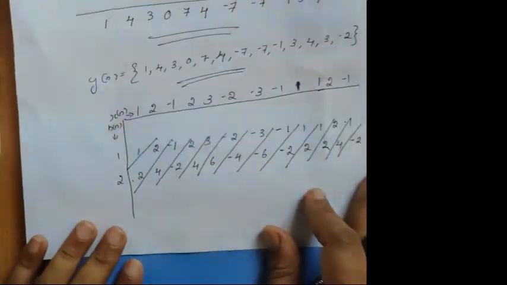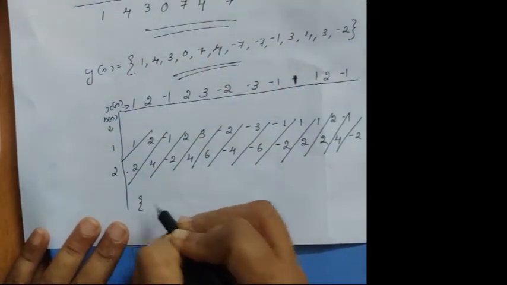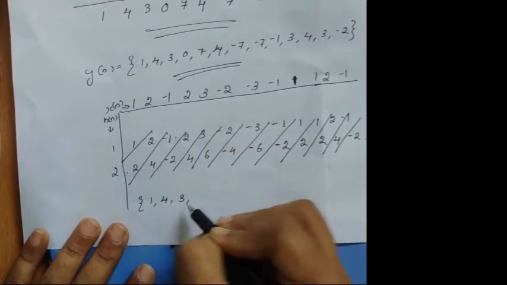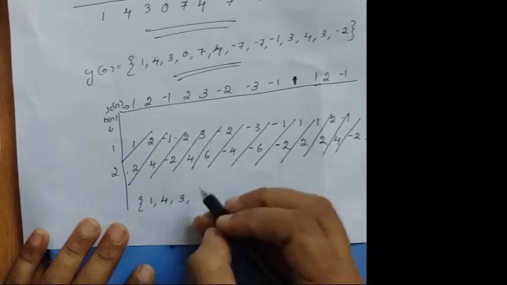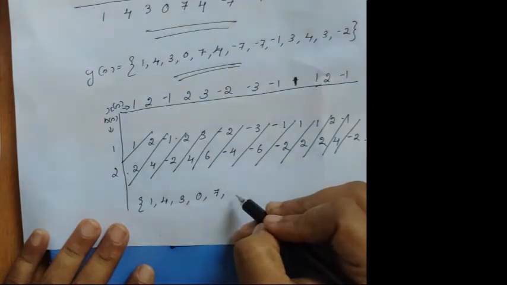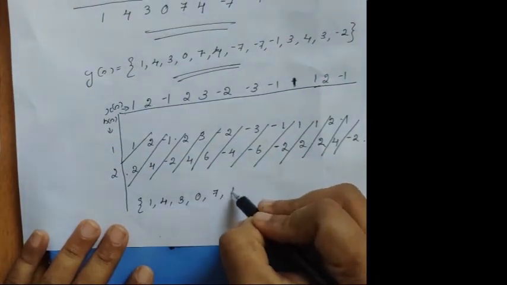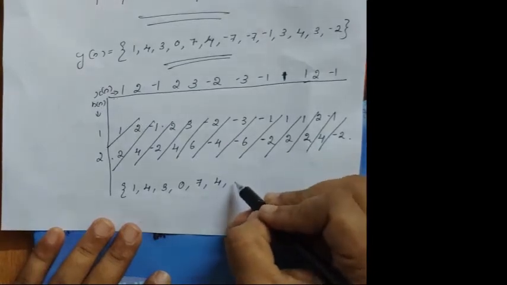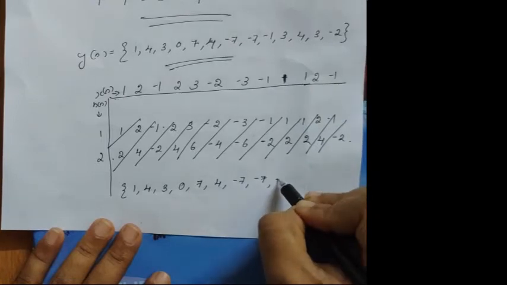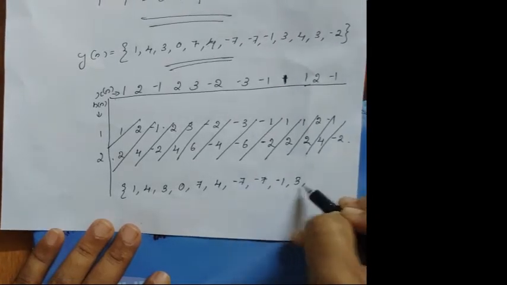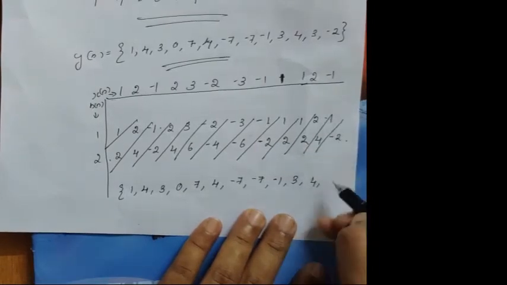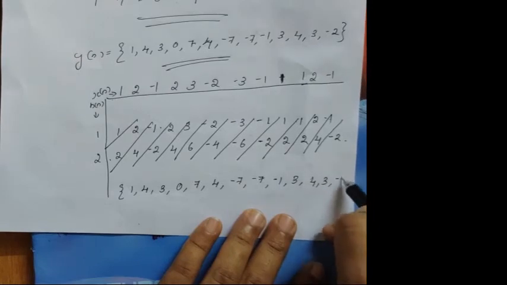Okay. Now we can check your answer. 1, 4, 4 minus 1, 3, 2 minus 2 plus 2, 0, 4 plus 3, 7, 6, 6 minus 2, 4, minus 7, minus 7, minus 1, 2 plus 1, 3, 2 plus 2, 4, 4 minus 1, this is minus 1, 4 minus 1, 3 and minus 2.